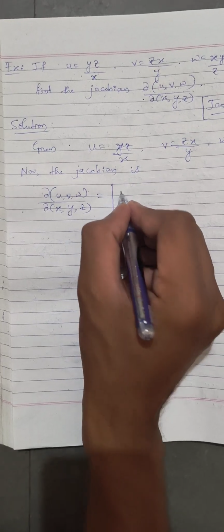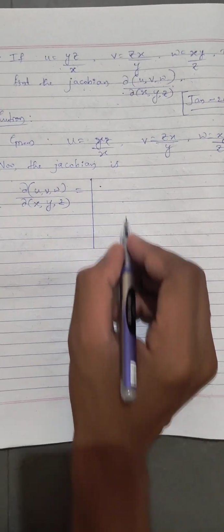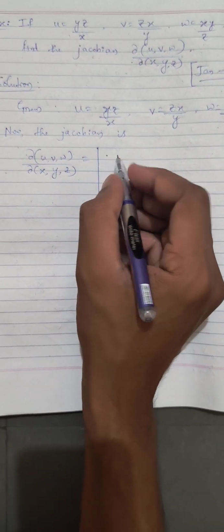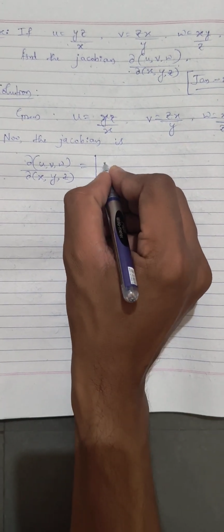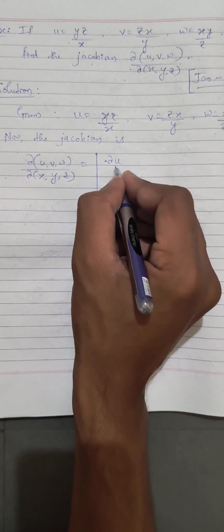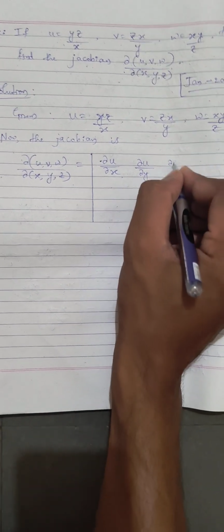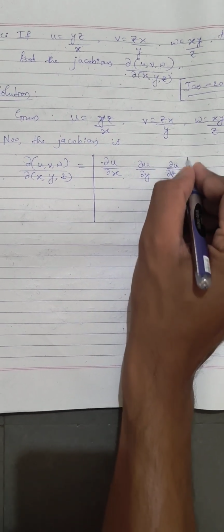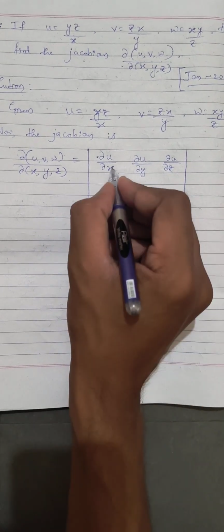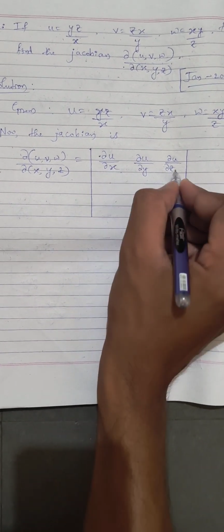In the first row we write del u by del x, del u by del y, del u by del z, the partial derivatives of u with respect to xyz.